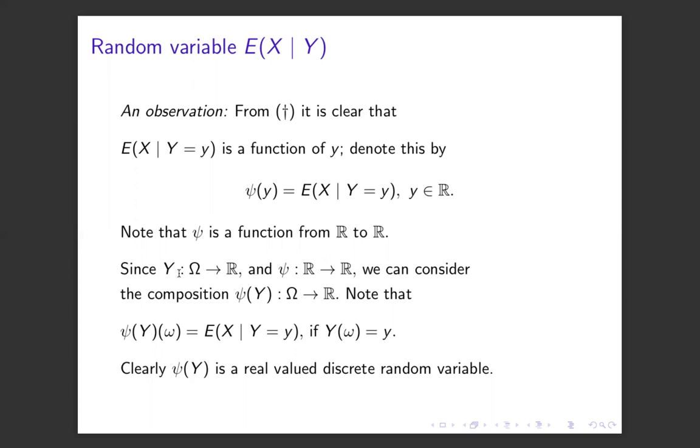Now observe that our random variable Y is a function from the basic probability space to the real line, and this psi is a function from the real line to the real line.